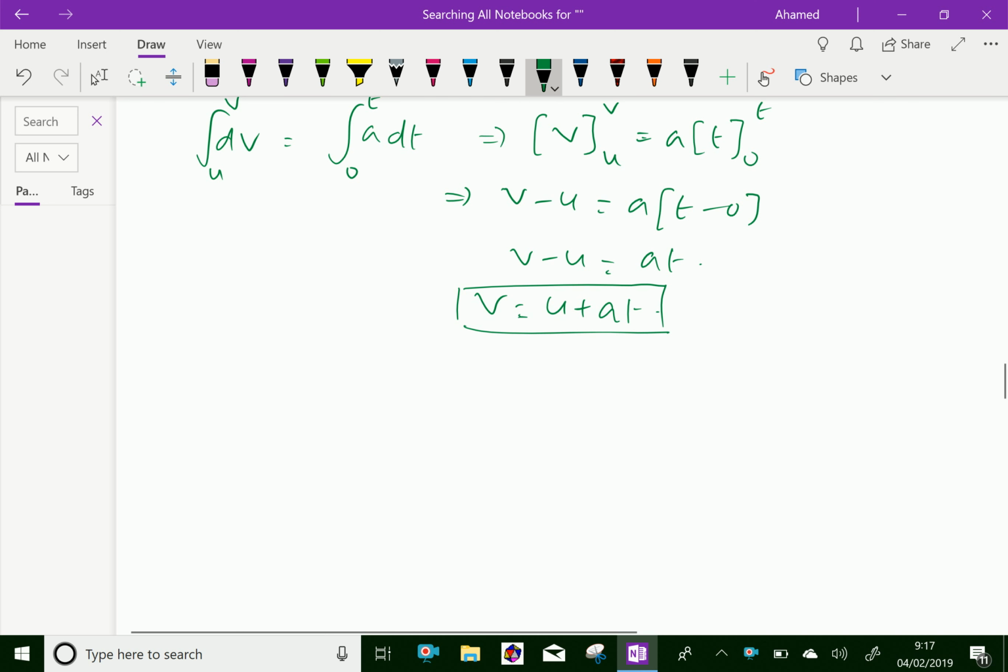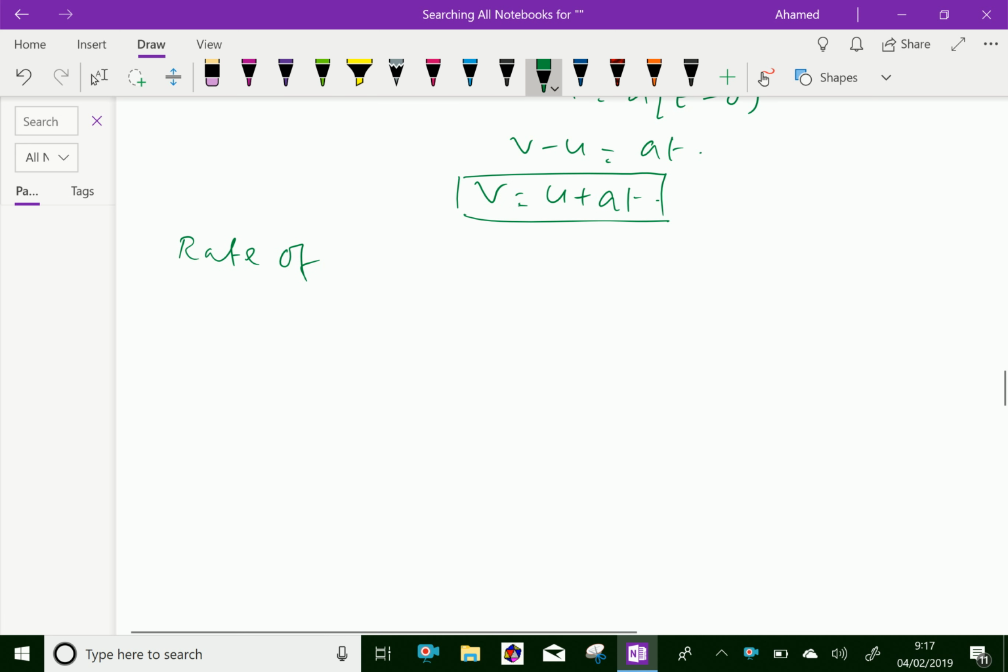Now the second equation. We can write rate of change of displacement is equal to velocity, we know that.